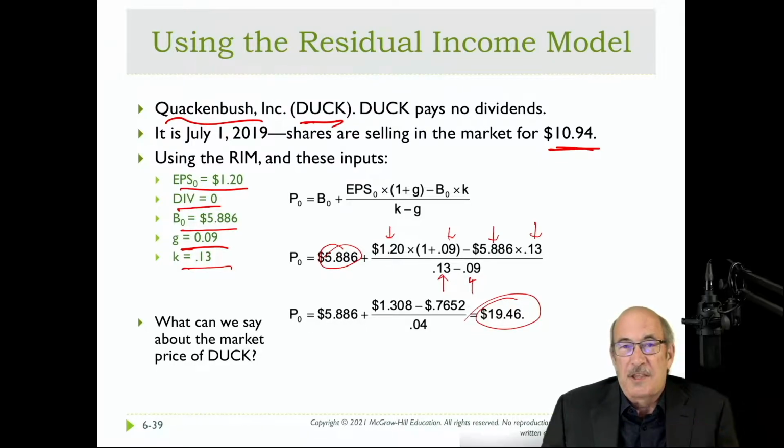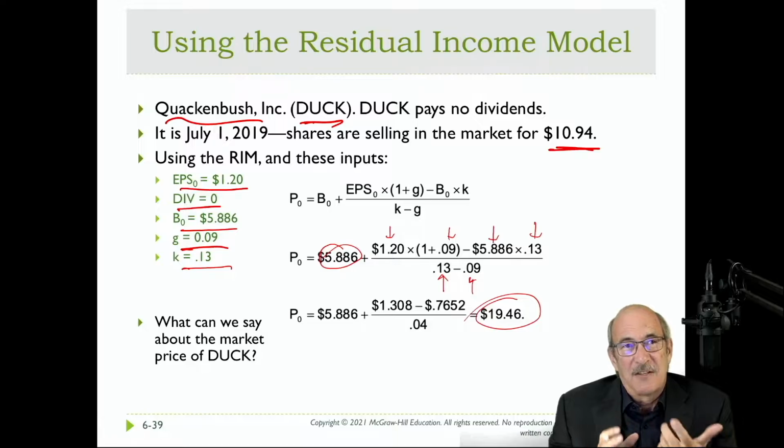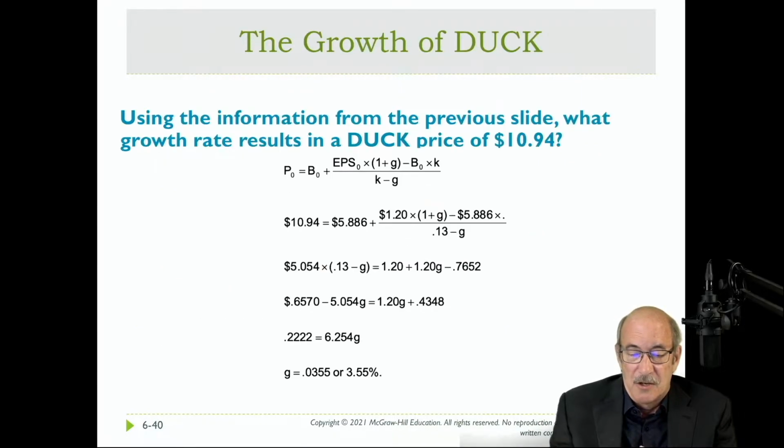So let's rethink our growth rate. In fact, let's kind of reverse things here and plug in on the left-hand side a P sub 0. Let's use the market value, that $10.94, and let's back out of this what an implied growth rate is. Now, this is something that investors and analysts often do as well, just as a way of checking yourself and making sure that you're not coming up with some crazy assumption.